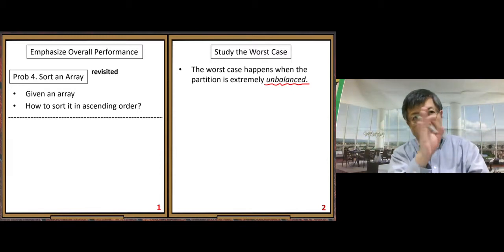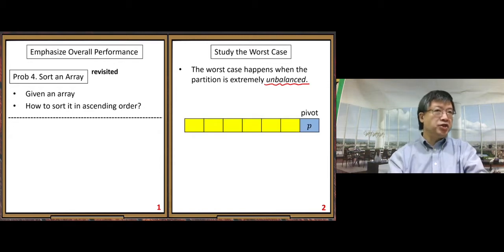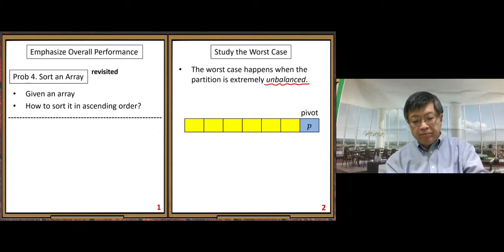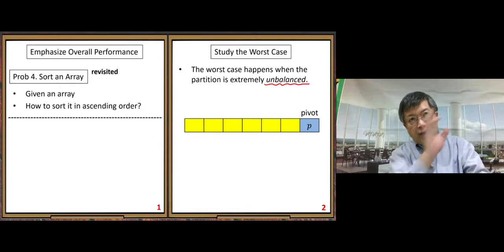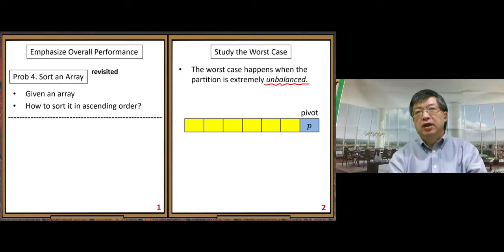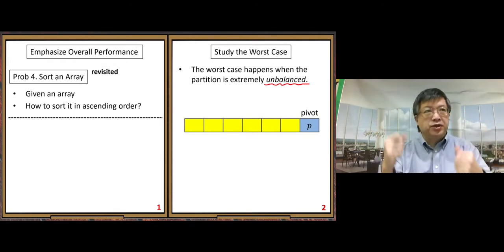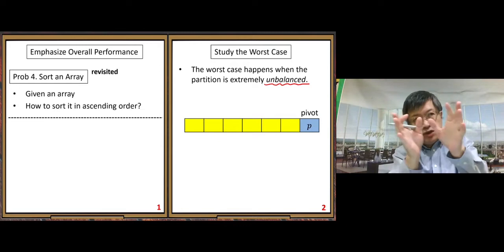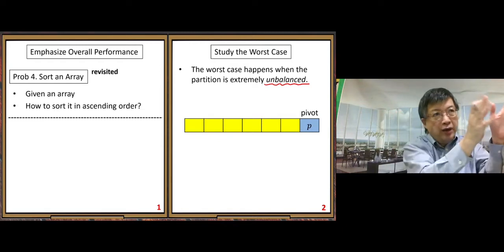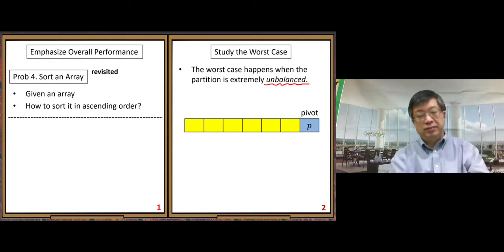Based on that understanding, you will see one of the two subarrays is empty. So the most extreme case, all the elements are in one of the two subarrays.